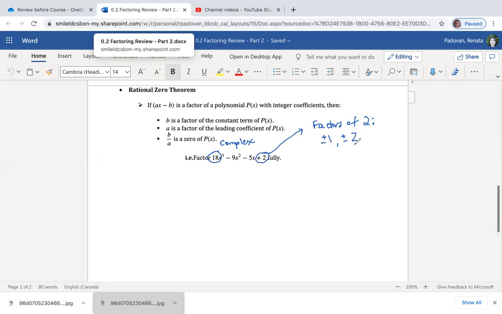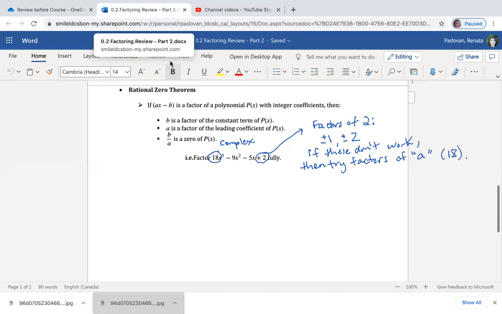These might not be answers, though. It might not be positive 1 and negative 1 and positive 2 and negative 2. So I have to try this first. If these don't work, then I have to try factors of a, which in this case would be 18.